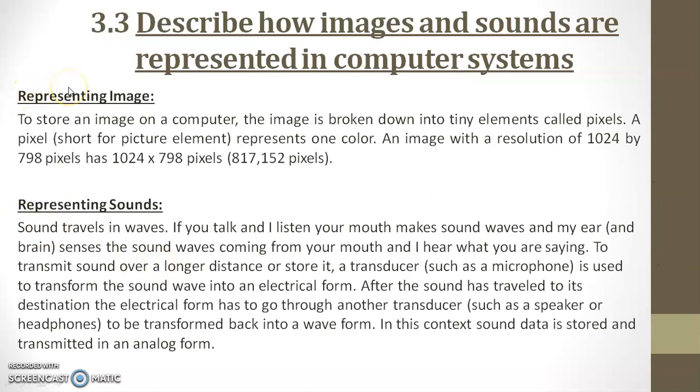3.3 Describe how images and sounds are represented in a computer system. Representing images. To store an image on a computer, the image is broken down into tiny elements called pixels. A pixel represents one color.